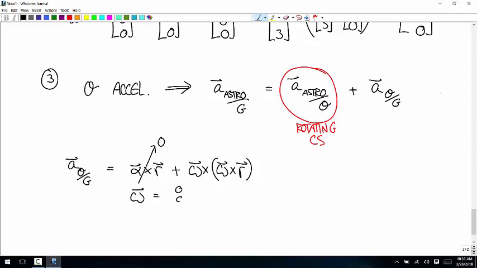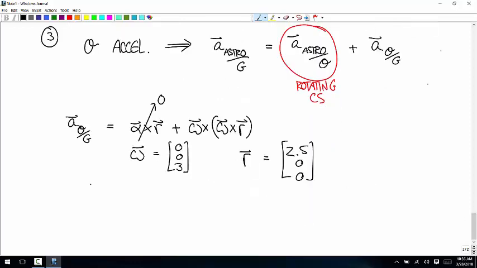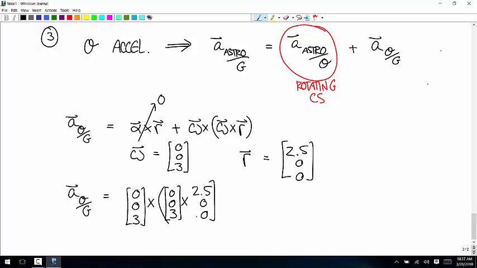Omega is 0, 0, 3. What's r? Exactly, 2.5, 0, 0 is r. And so the acceleration of the origin relative to the ground is 0, 0, 3 cross quantity 0, 0, 3 cross 2.5, 0, 0. And that's just negative 22.5, 0, 0. Okay, so we'll set that aside for later.